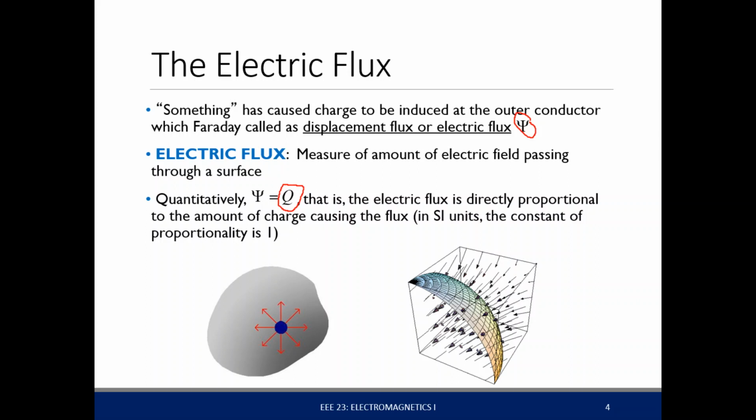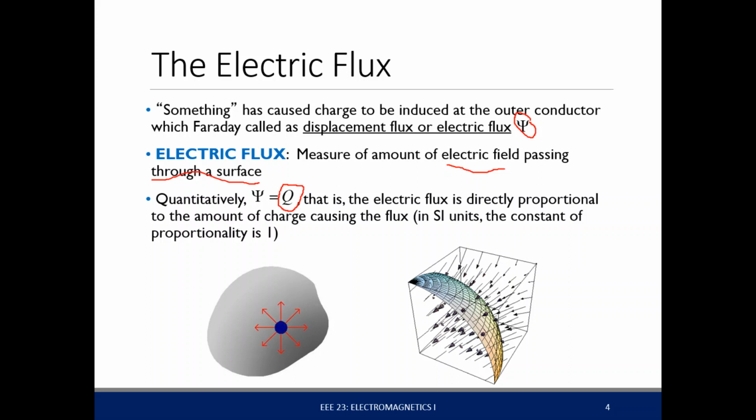So the electric flux is the measure of the amount of electric field passing through a surface. As we all know, the electric field applies a force to your charges, and this is what displaced the positive charges from your outer conductor.